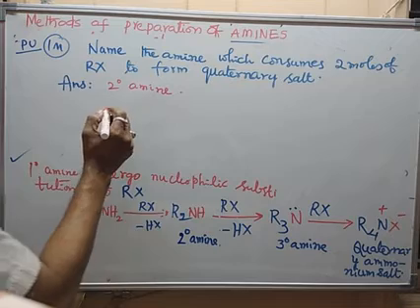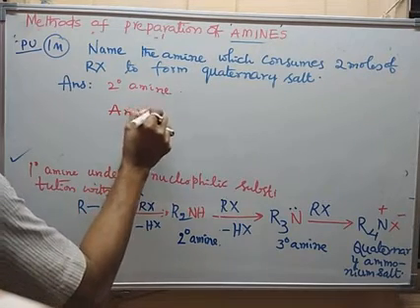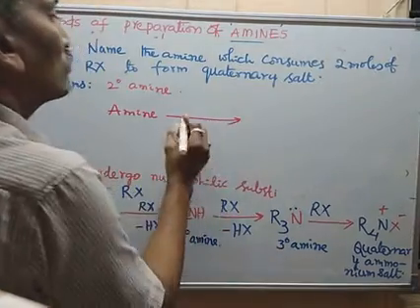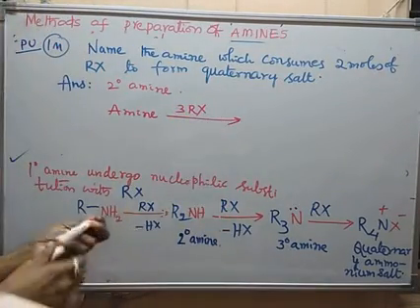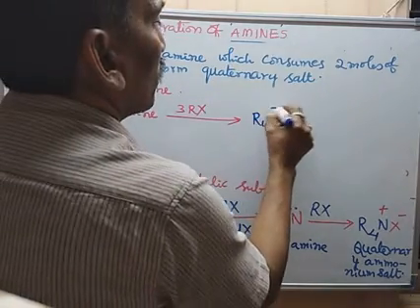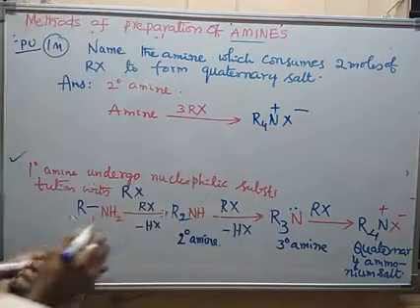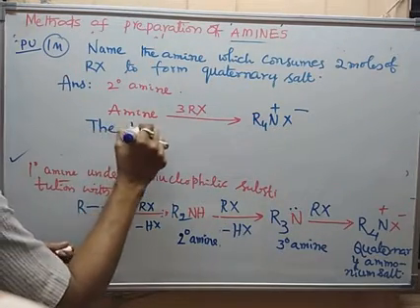How is it given? Simple way. Another type of question: an amine, 3 moles of alkyl halide, produces R4N+X-. The type of amine is what?